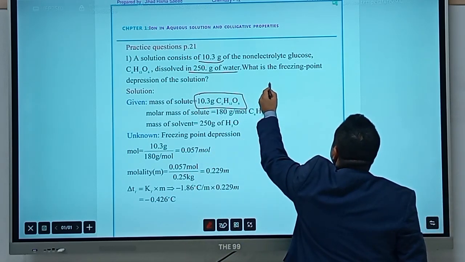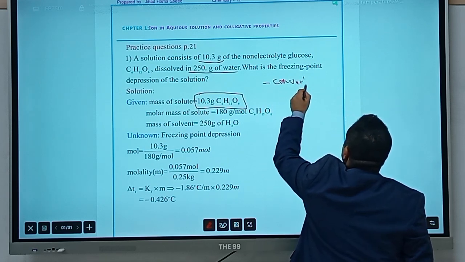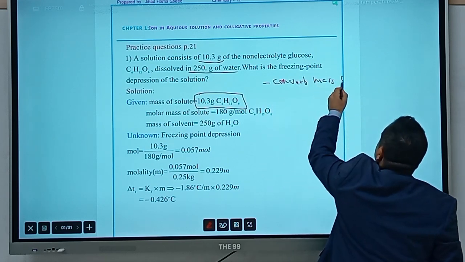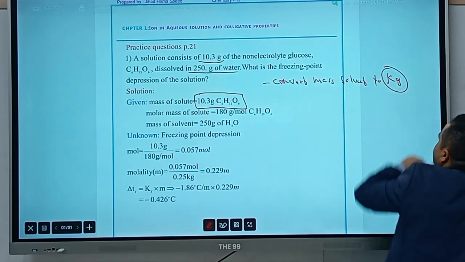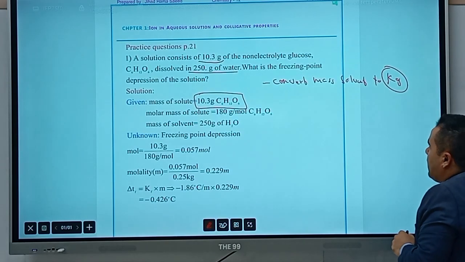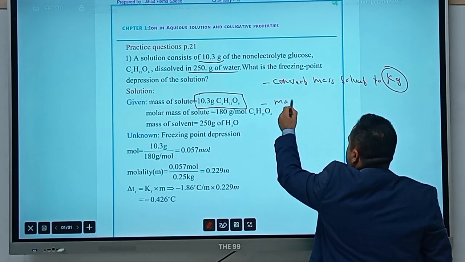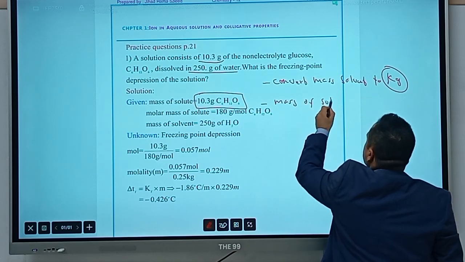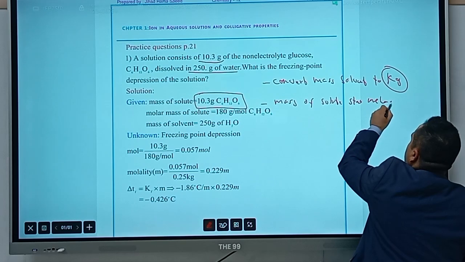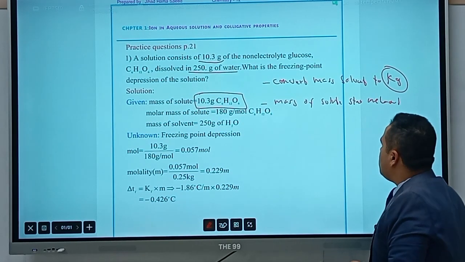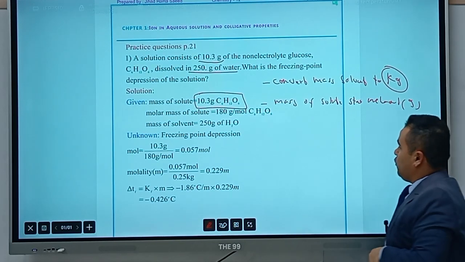So guys, you have to always convert the mass of solvent to kilograms, but the mass of solute stays unchanged. Do not convert the mass of the solute, it must be in grams, and it is usually provided in grams.